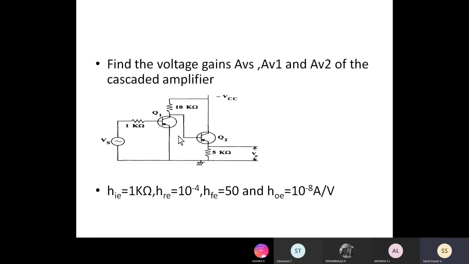So NPN transistors, right? This we only observe from the diagram. They are given one supply, VCC, and one input source voltage, Vs, and one input resistance connected to the base of your Q1, which is 1 kilo ohm. The collector of your first transistor has 10 kilo ohm, which is connected to VCC.